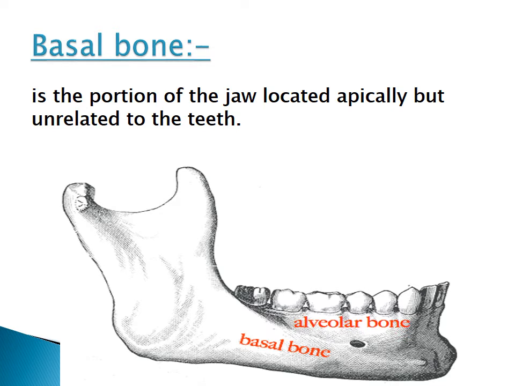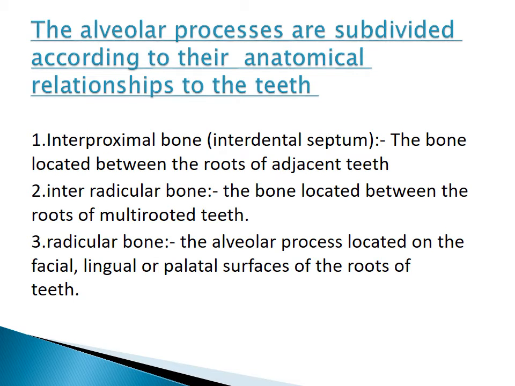Basal bone is a portion of the jaw located apically but unrelated to the teeth. The alveolar processes are subdivided according to their anatomical relationships to the teeth. Number 1, interproximal bone or interdental septum, the bone located between the roots of adjacent teeth.